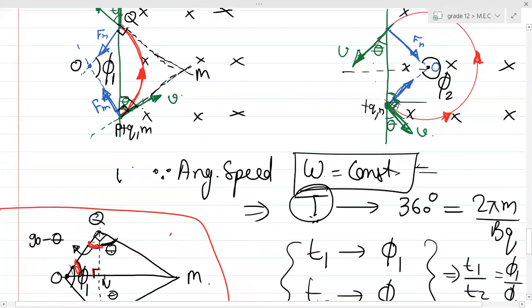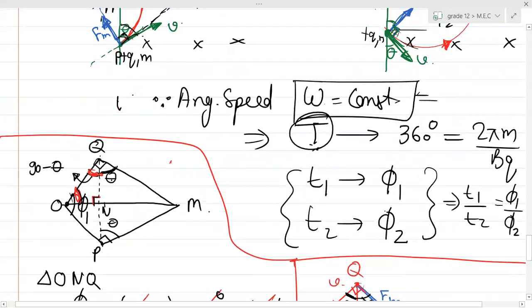So if I can find the angle which is inside the magnetic field, corresponding angle is phi 1, and here to the red part the corresponding angle is phi 2, yes or no? So if I find the angles phi 1 and phi 2, automatically I can give the ratio of time as well.